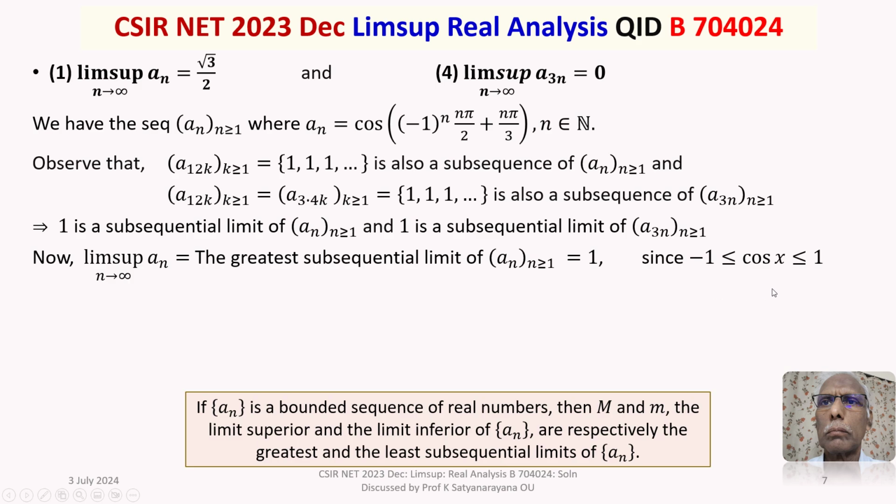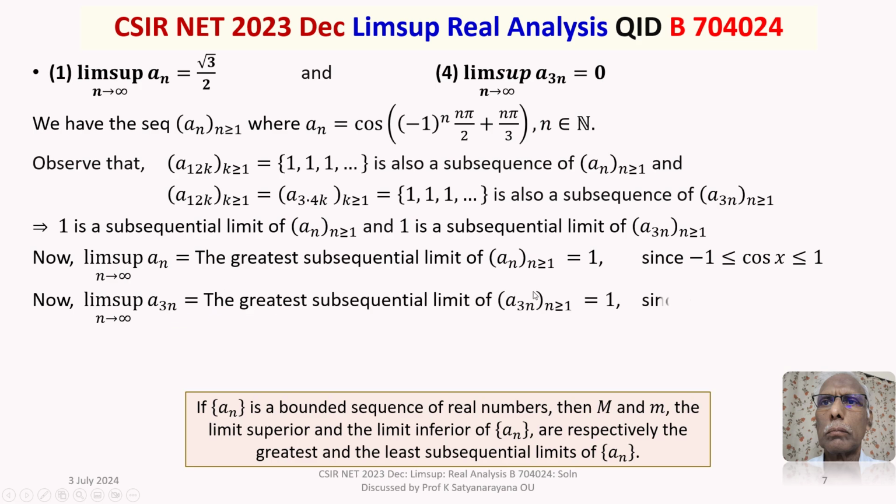Therefore, we are not worried about what the other subsequential limits are. Now, limit superior of a_3n is the greatest subsequential limit of a_3n, that is 1. So the limit superior of the given sequence and the limit superior of the subsequence a_3n are one and the same, and they are 1.